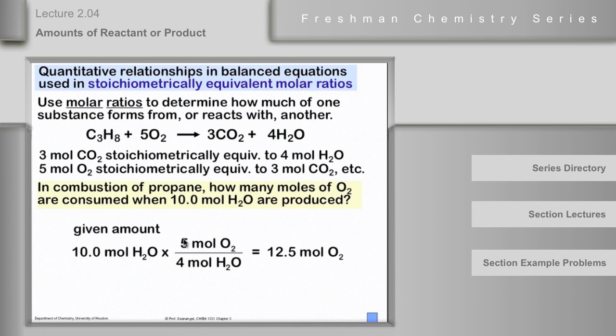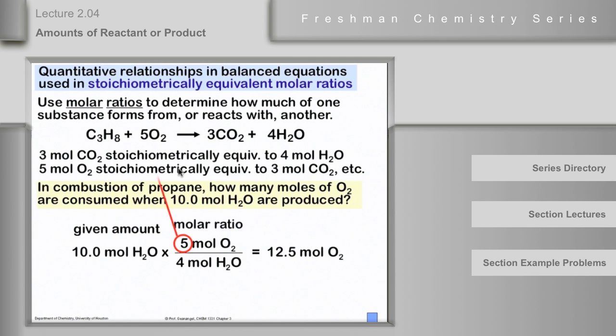What we're going to do is set up this molar ratio. The molar ratio in the numerator is going to have the number of moles of dioxygen, because that's what you want. That's what the units of the answer need to be. And underneath, in the denominator, we're going to have the number of moles of water, because that will allow us to get rid of moles of water units and have our answer in the units that we want. So the molar ratio is taken from the balancing coefficients.